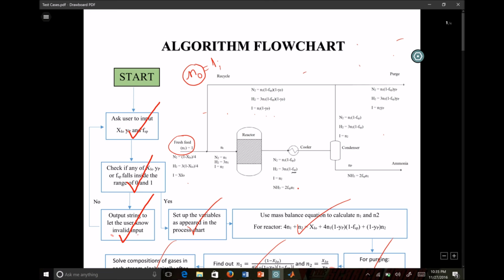So just in case your boss asks you, hey, it's not 1 anymore, it's going to be like 2 or 3, you can still change it. That is the problem of this code, but I also suggest a way to be more flexible.